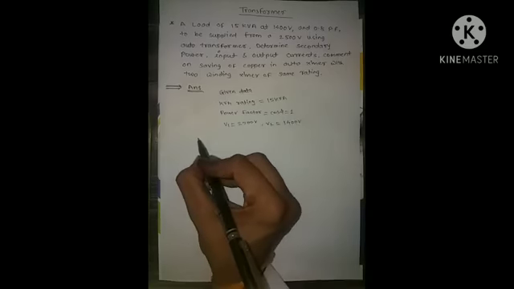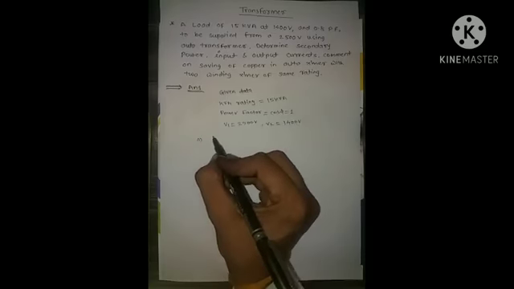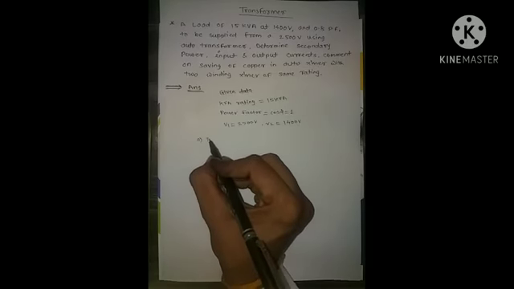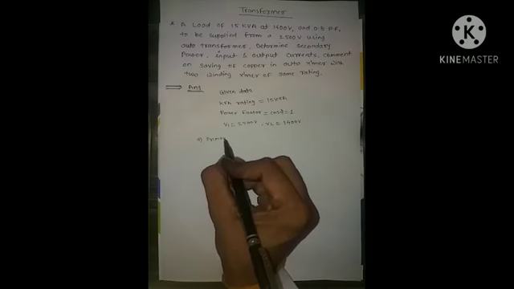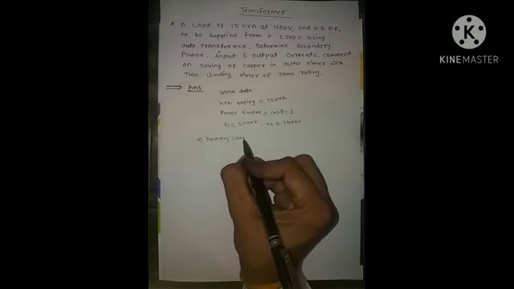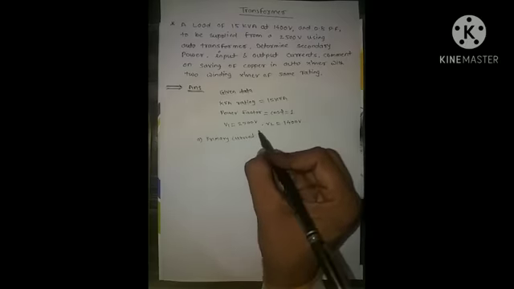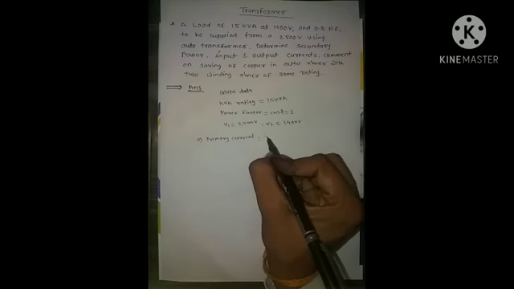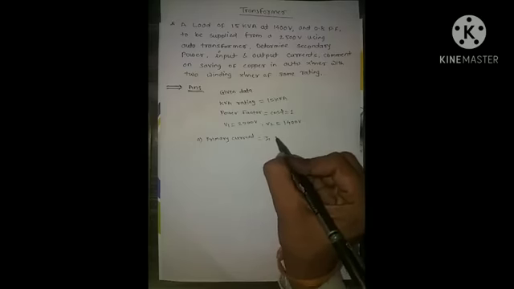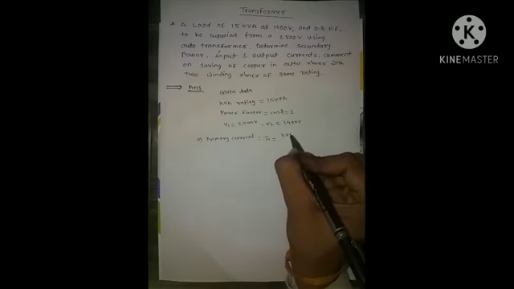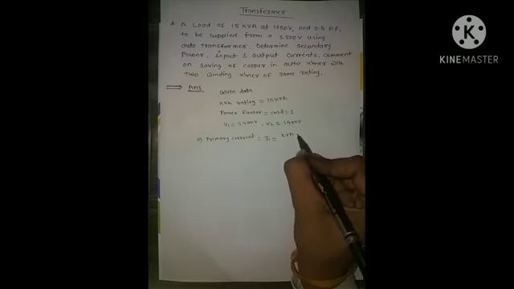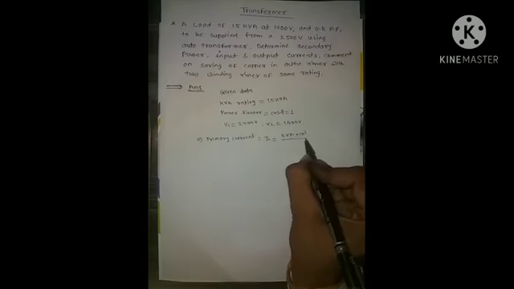So the first step, we calculate the primary current I1. We know the formula: primary current I1 equals kVA into 10 raised to 3 upon V1.